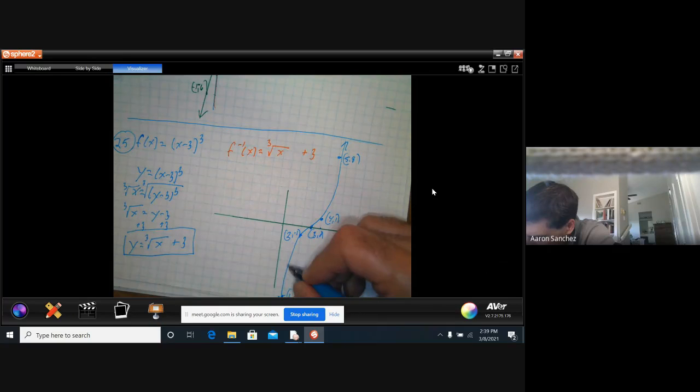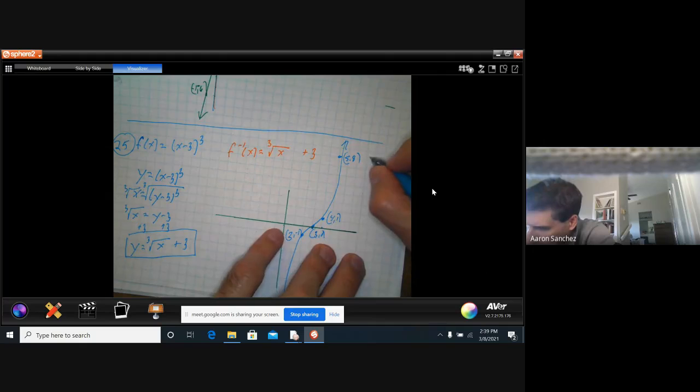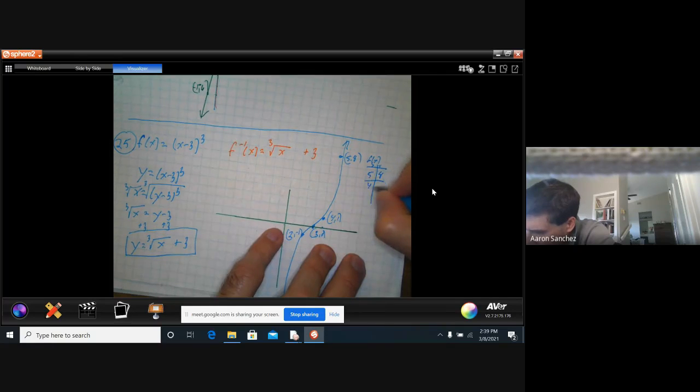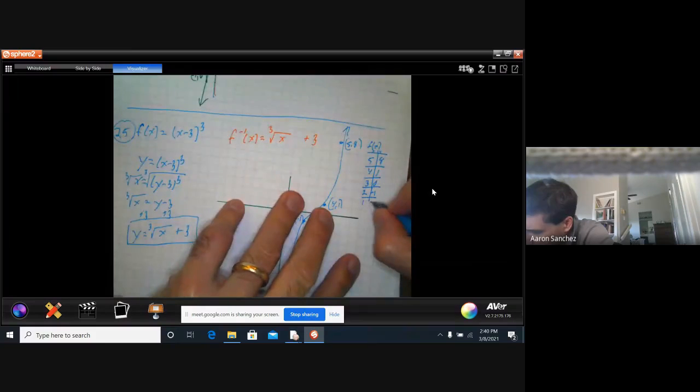So the points of f of x are going to be 5, 8; 4, 1; 3, 0; 2, negative 1; and 1, negative 8.